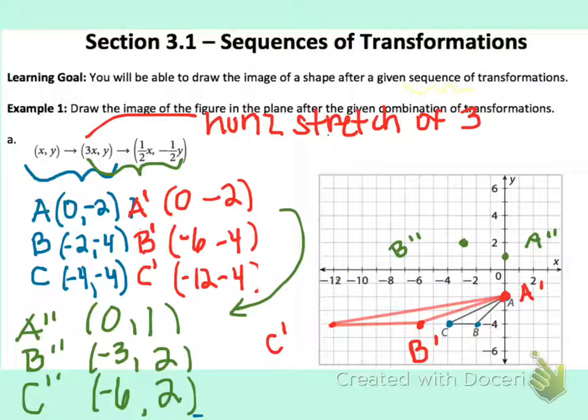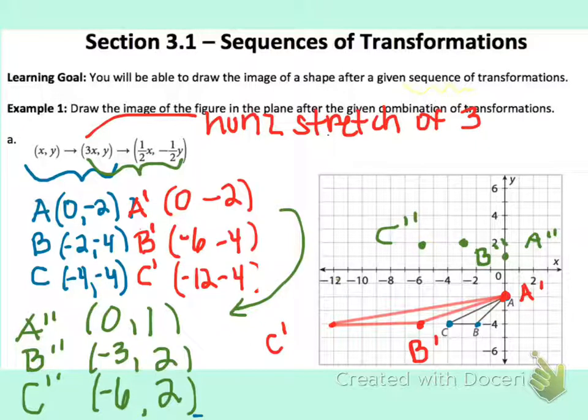And then finally, negative 6, 2. That's where C double prime should be. And that's right here. And that is going to be a really strange looking and very difficult to draw figure.